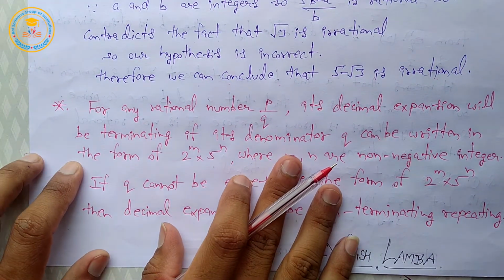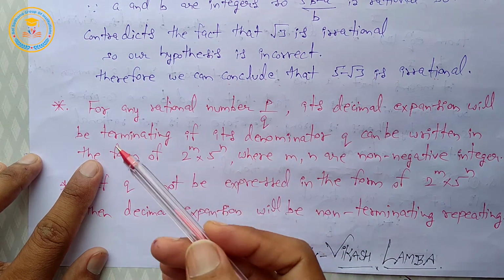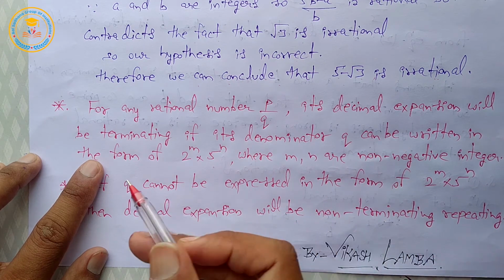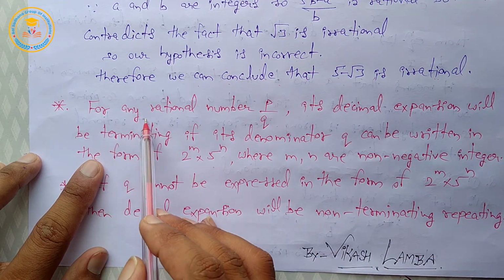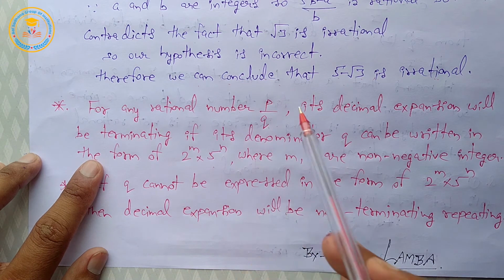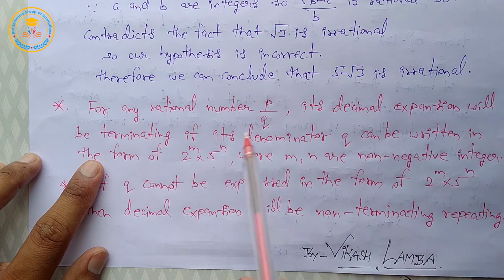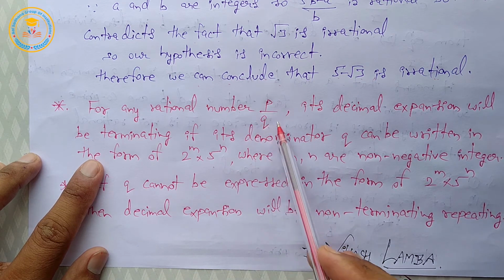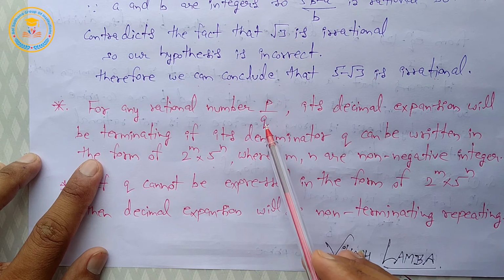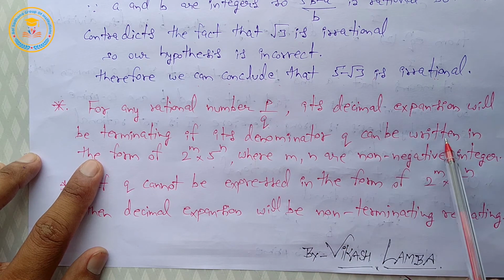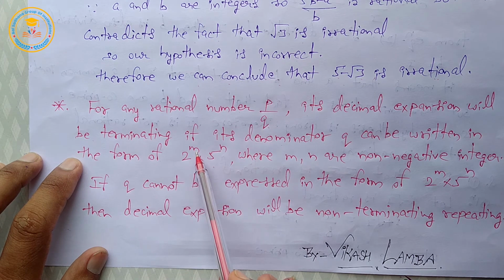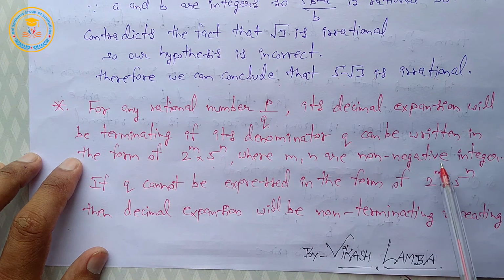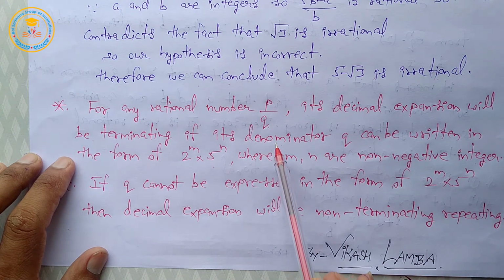Now the last, Exercise 2.4. For Exercise 2.4, there are two expansions, terminating and non-terminating. For any rational number in p by q form, its decimal expansion will be terminating if its denominator q can be written in the form of 2 raised to power m or 5 raised to power n, where m and n are non-negative integers.